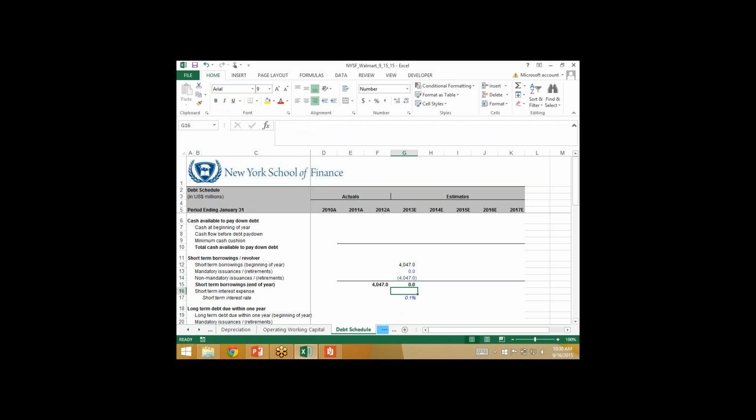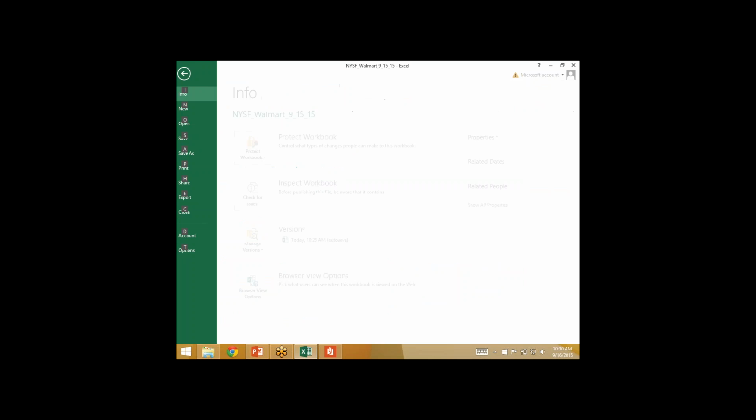So to simplify, we always do equals average of beginning of year, end of year debt, times the rate. And we'll copy this whole thing to the right. And we'll talk about pay downs. But this is the process for building out the debts, and we'll do this for each debt.